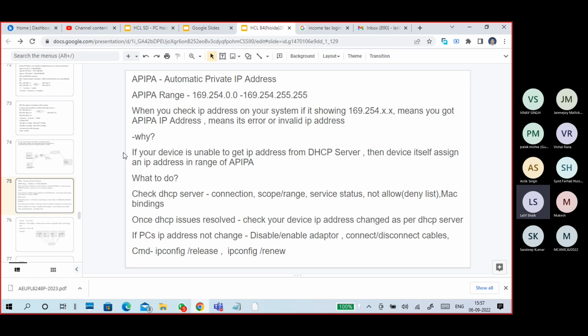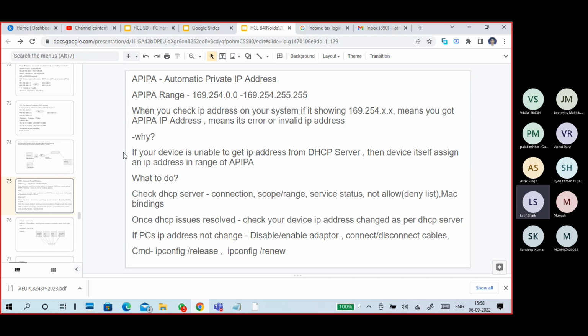If not resolved, and it is still showing 169, your DHCP server is working but your client is not changing the IP address. Automatically it should change. If it does not, then disable and enable the adapter or use the commands ipconfig /release and ipconfig /renew.